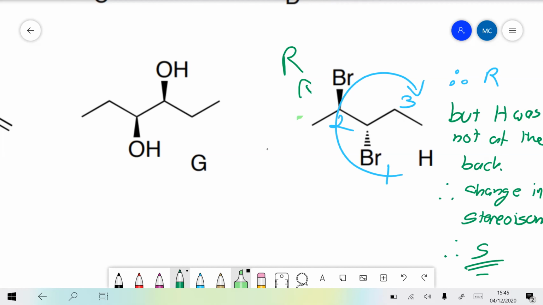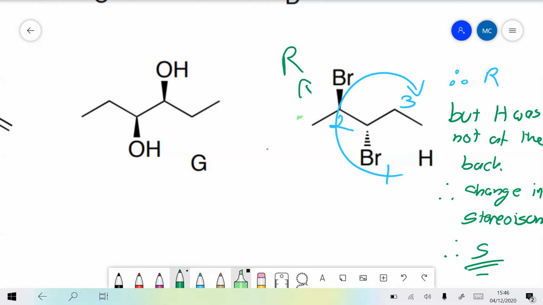And then change whatever answer you get, because that would represent the fact that the hydrogen was not at the back. So if you get an R and the hydrogen is at the front, if it were at the back, it would be the S. And you know that it's not at the back because there's the bromine showing that it's at the back.